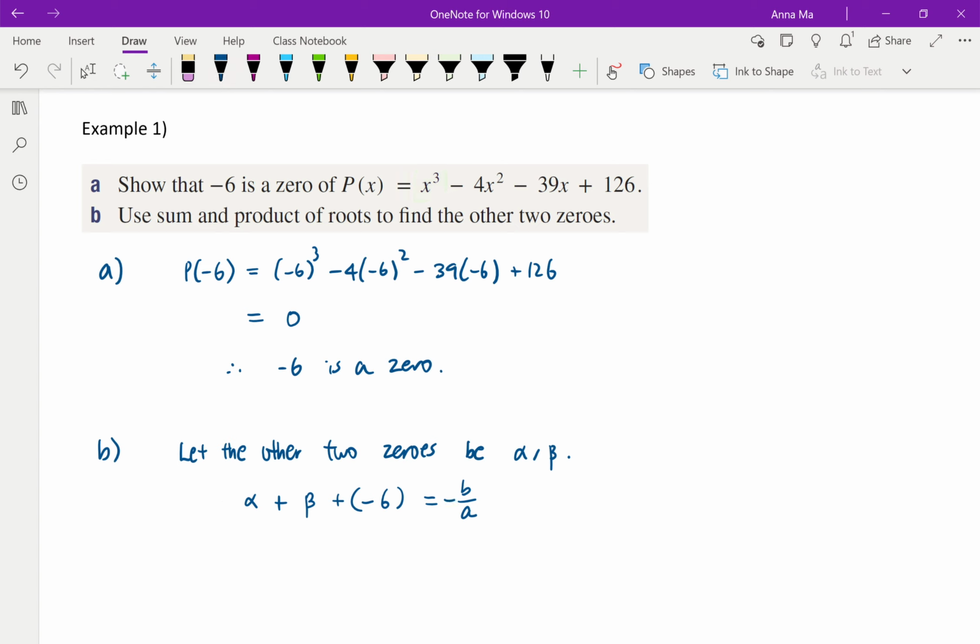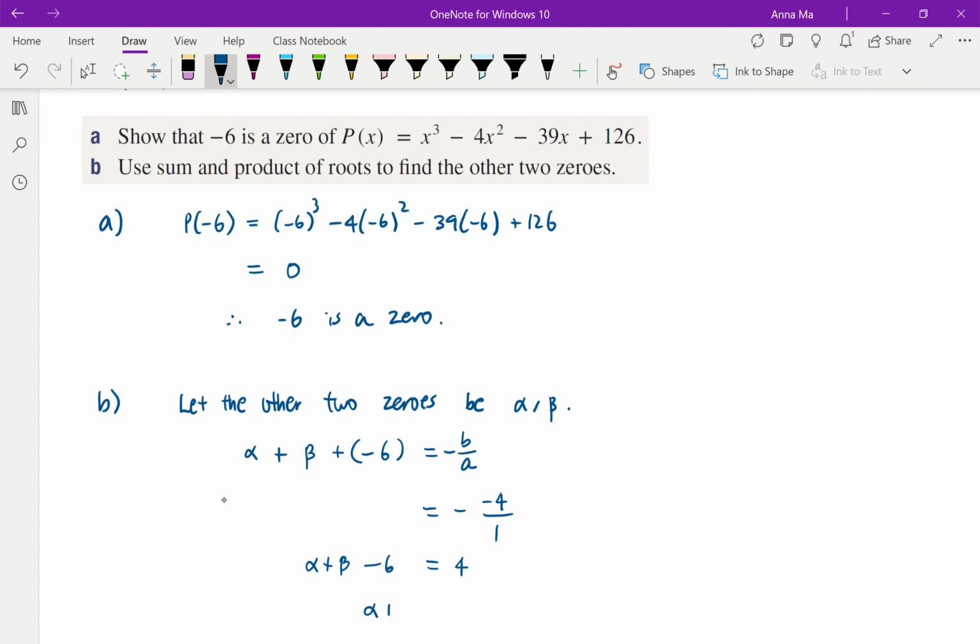And if you look at the cubic polynomial, my b is -4, my a is 1. So we know that the sum has to be +4. So alpha plus beta minus 6, meaning that alpha plus beta has to be 10.